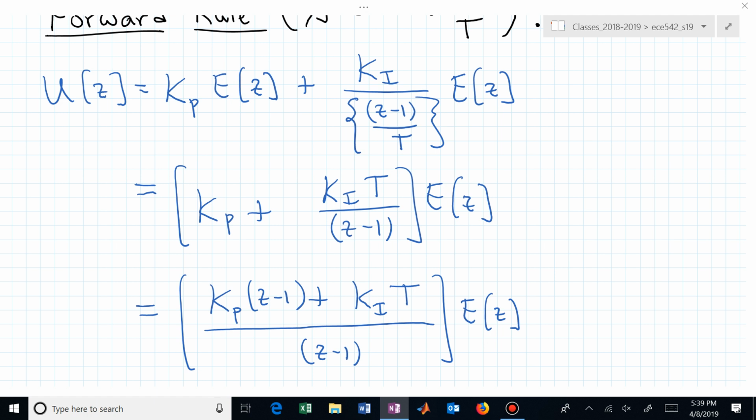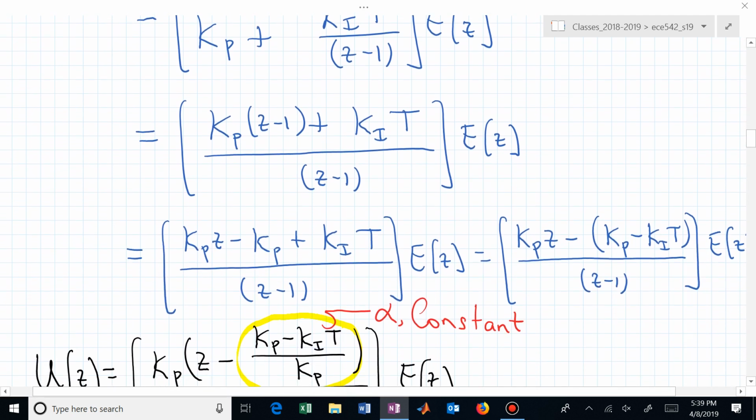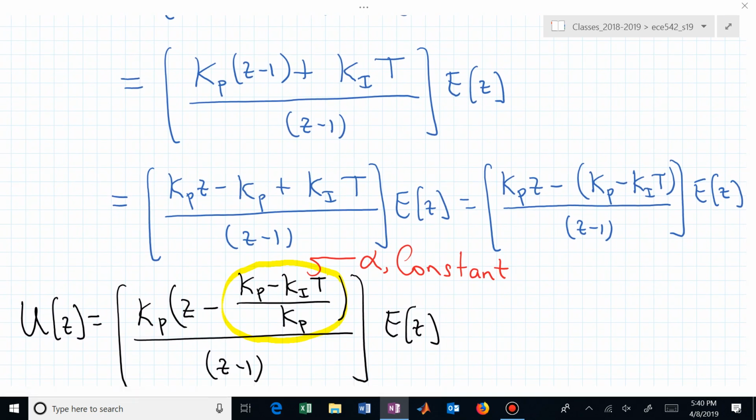We can influence K sub P and we can influence K sub I. And we're assuming that T has been given to us, the sample period. Once that's given, then the only thing that we can adjust are these weights on the proportional term and the integral term, and those are the K sub P and the K sub I coefficients.